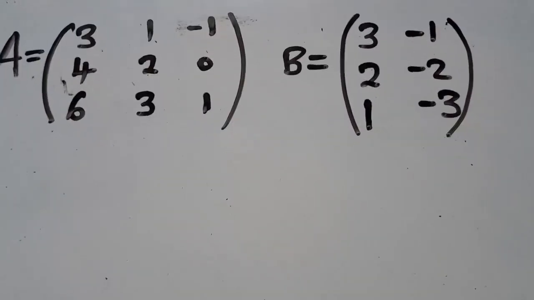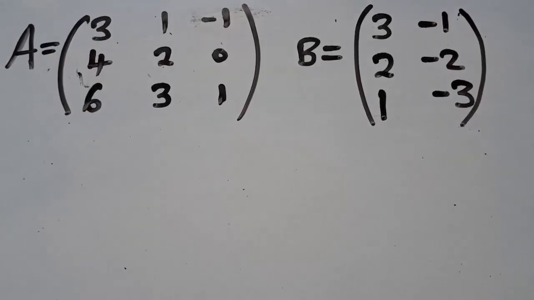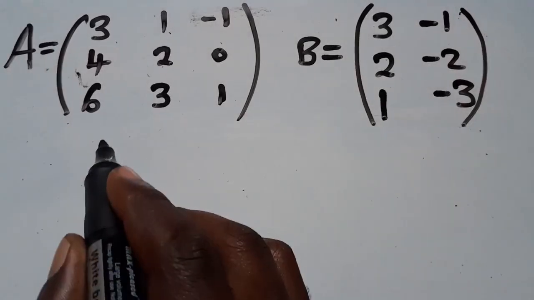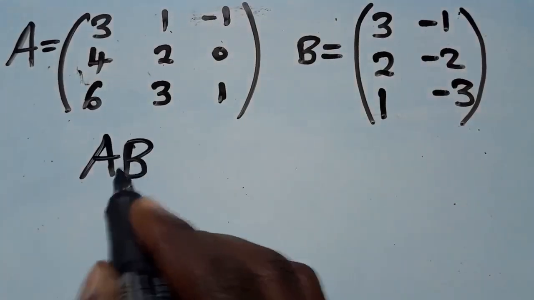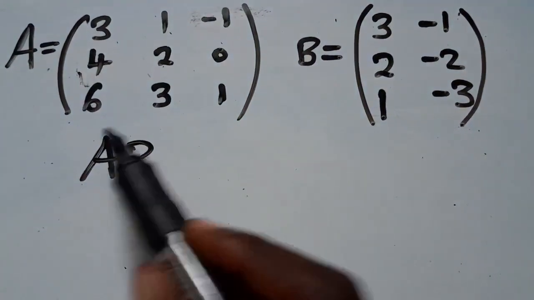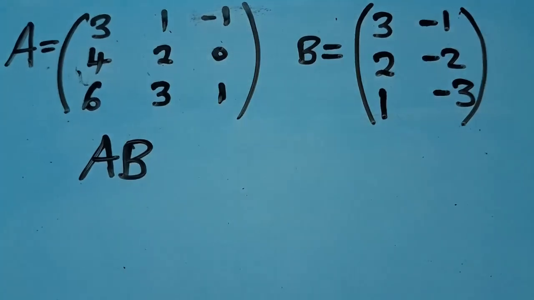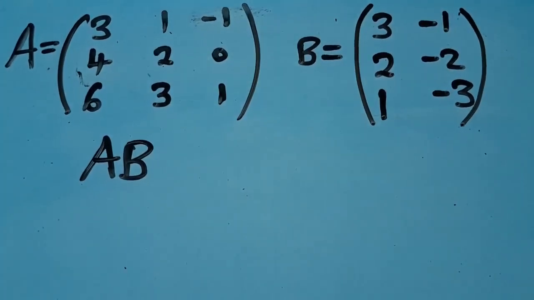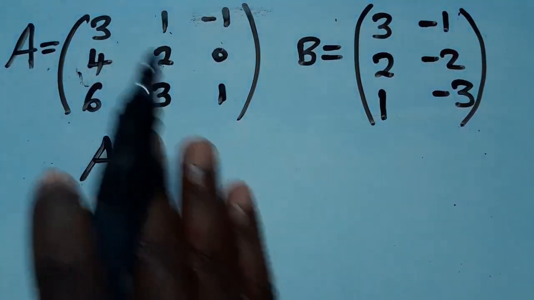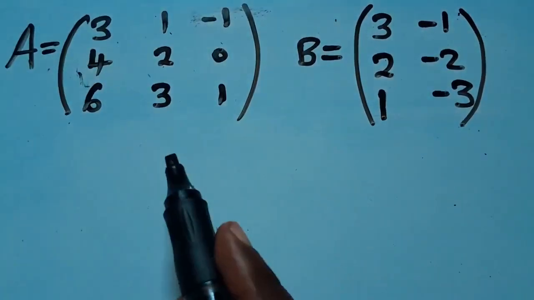So that's what we are supposed to do. So how can we work out that? How can you handle that part? The first question was saying find AB. How can you find AB? How can you multiply these two? When you start multiplying these two, one thing that you need to consider is the order of this matrix.